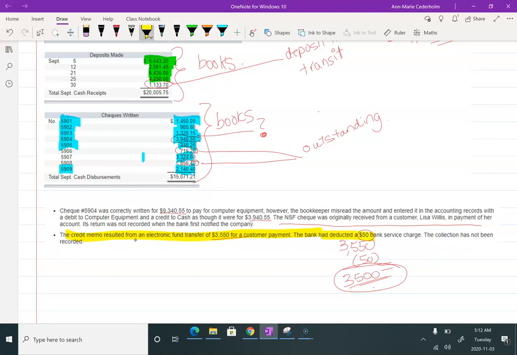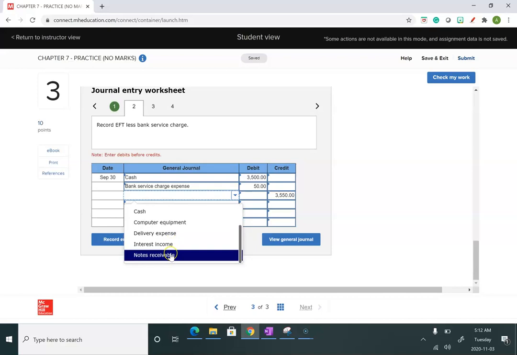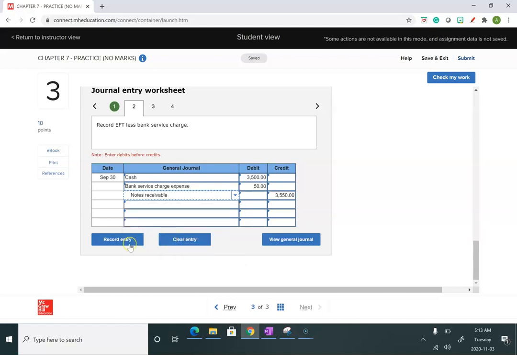So I just think that's a small discrepancy between what we would normally do and what the actual system is doing. So I would most likely say it should be accounts receivable, but they're putting it as notes receivable. So for me to hit the answer key, I'll put it as notes receivable. And they don't even have an amount for accounts receivable anyway, so I guess that's a good thing. So by default, we'll put it to notes receivable.